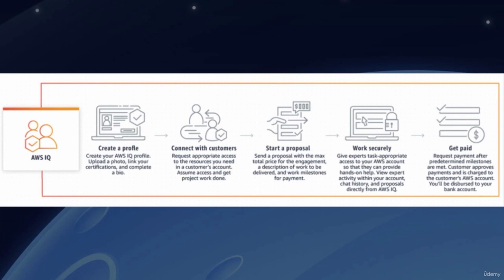If the customer accepts that proposal, you can then work securely with that customer inside of their account with limited IAM privileges. When the work has been completed, then of course you will get paid for that work. So it's a great way to get started in AWS and start earning money from that very valuable certification that you've gained.